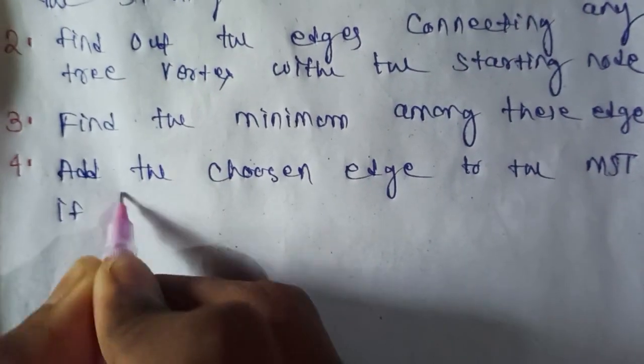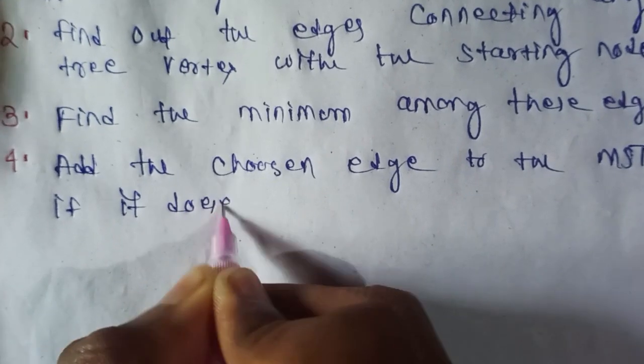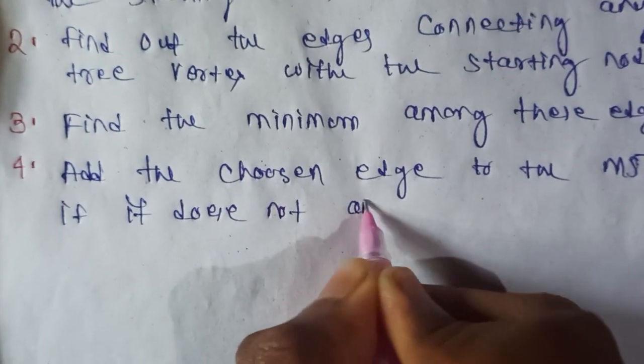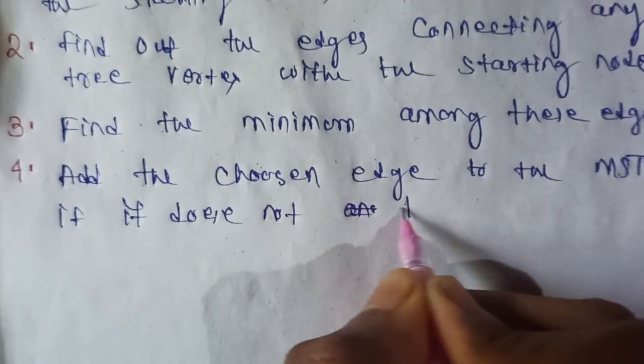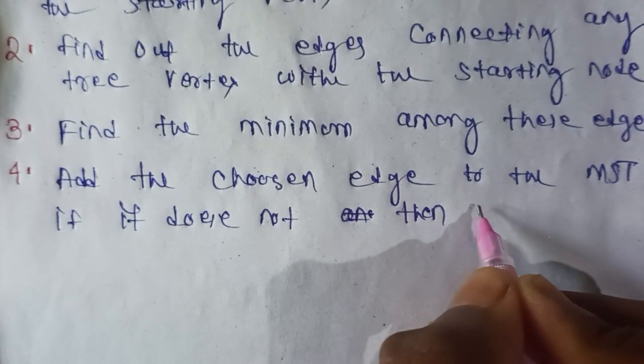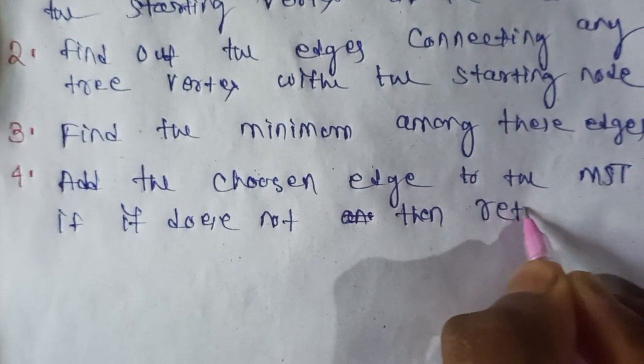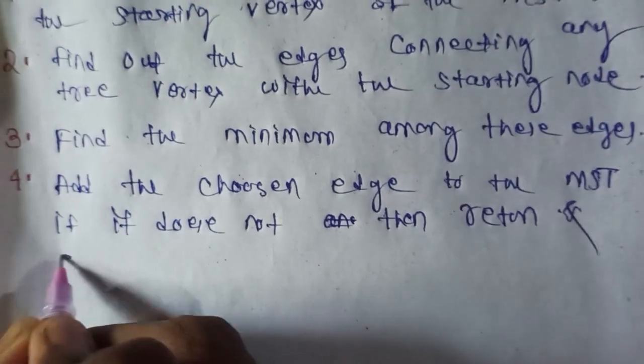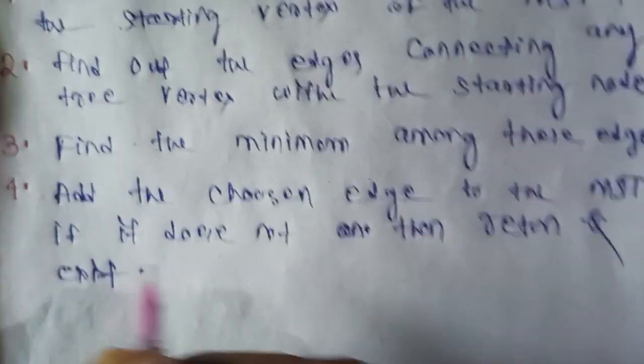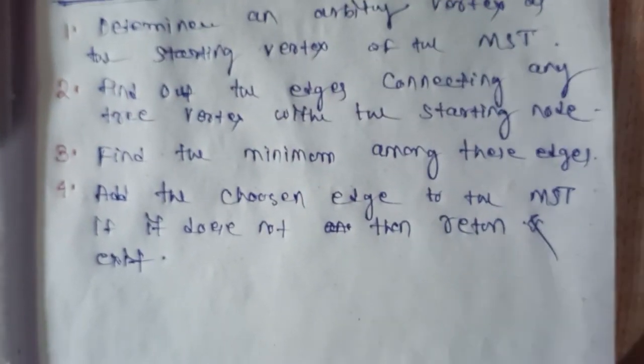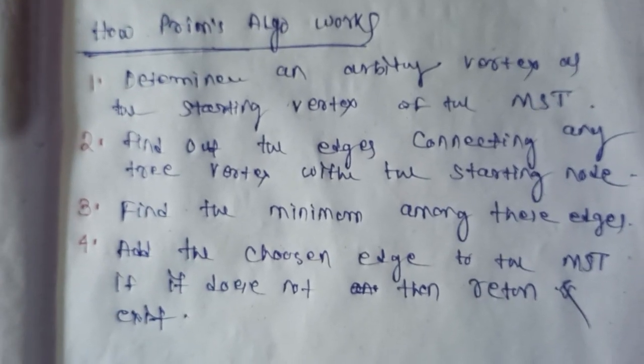If it does not, then simply return and exit. So these are the 4 steps that we can follow for Prim's algorithm.